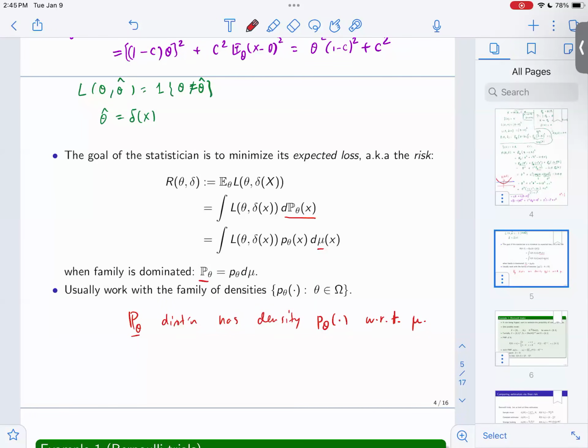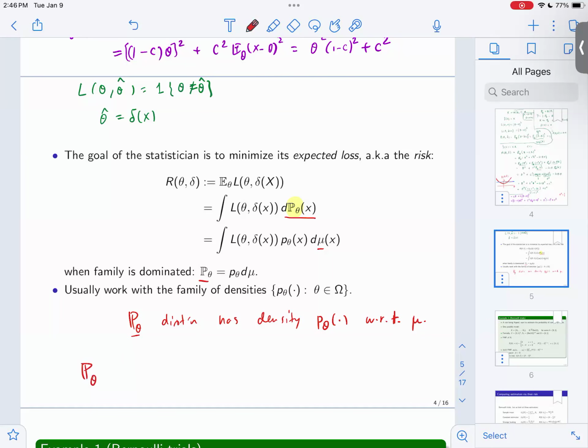But the thing is that people would be confused with this notation: P theta with blackboard face versus the lowercase p theta. I hope the distinction is clear. If it's not clear, we can talk about it. One is a probability distribution, a probability measure, and the other is a density. The main difference is that you integrate.